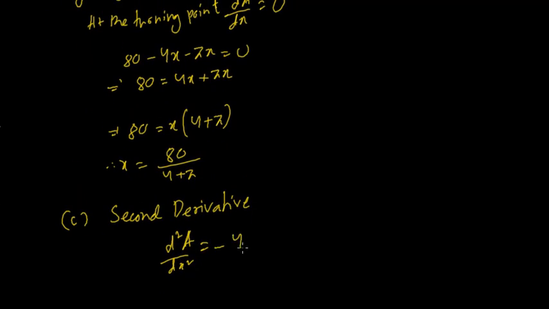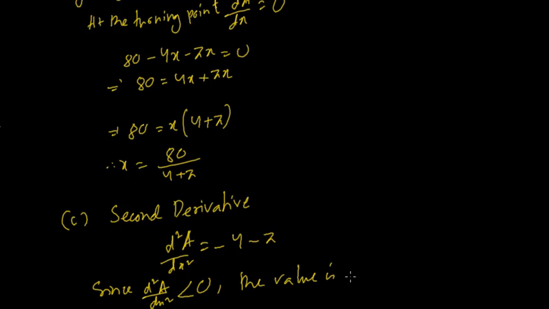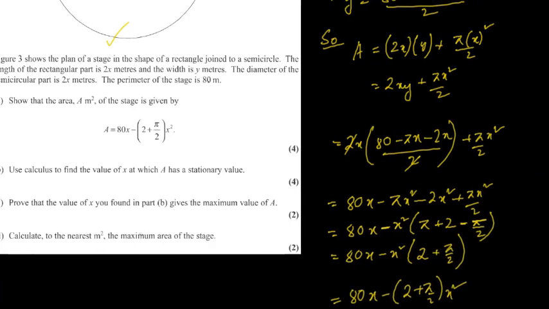So this would be minus 4 minus pi. So we can write this is negative. Since d2A by dx squared is less than 0, the value is a maximum. So that's the sum.